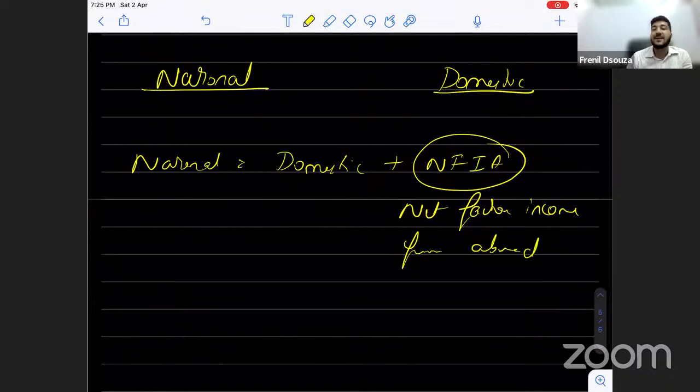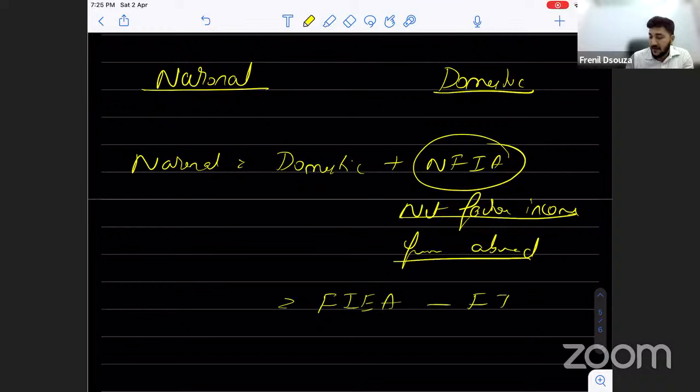Now, what is net factor income from abroad? Net factor income from abroad is equal to factor income earned abroad minus factor income paid abroad. That amount can be either positive or negative, depending upon whether you earned more or you paid more, right? So these are the things by which you convert domestic into national.